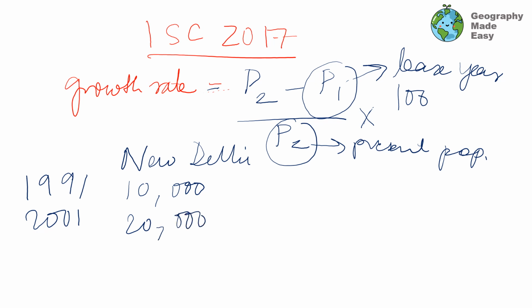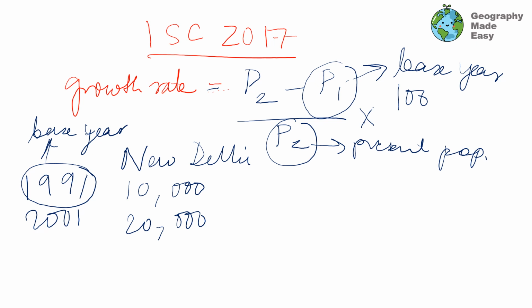The base year is the year which is the older, or from which we are projecting and trying to find out the growth rate, because as we have discussed, growth rate is the change in the population which is calculated between two time periods. So the older time period will become my base year in this case. If this was 2000 and 2011, then 2001 would become my base year. So in this way my base year will change.